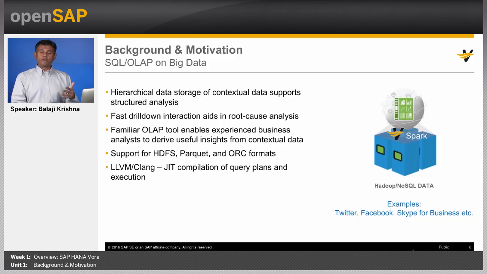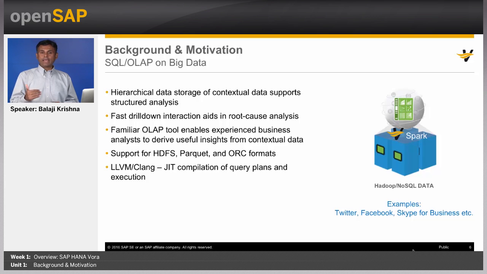Again, the key point here is I have my business users who are familiar with a specific kind of navigation when they're going against a relational database or a data warehouse kind of environment. Now that I am allowing them to use Hadoop, why should they have to change the way they interact with the data?